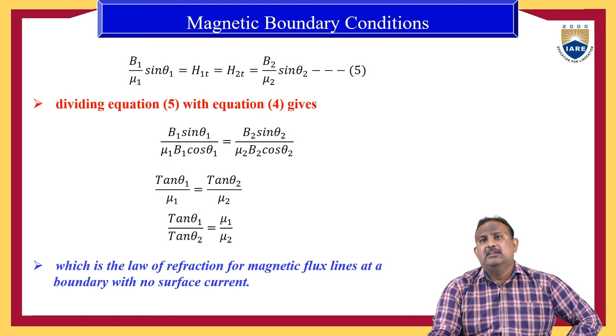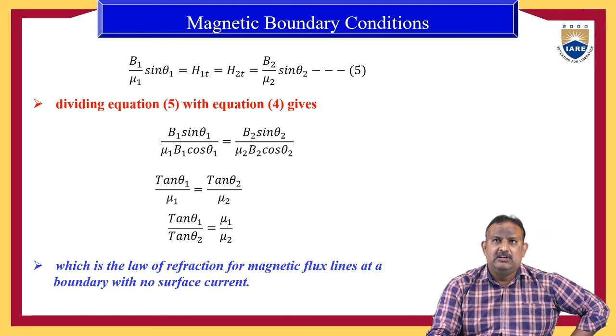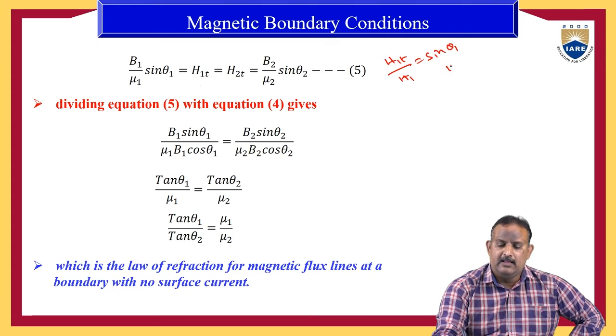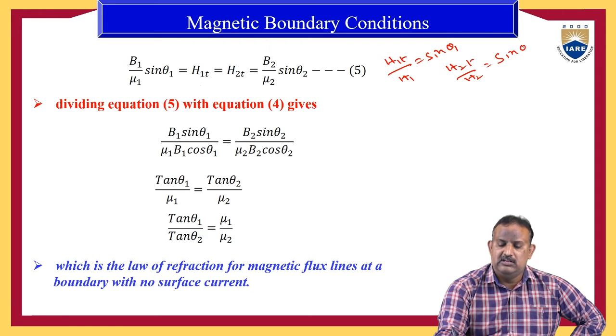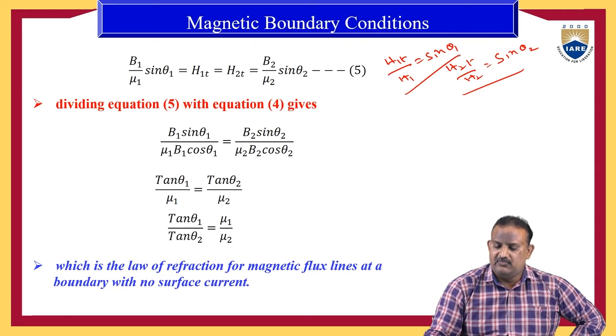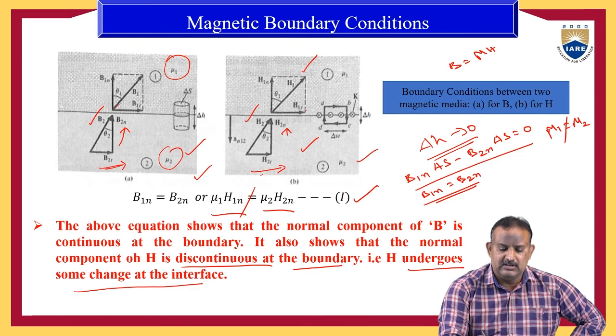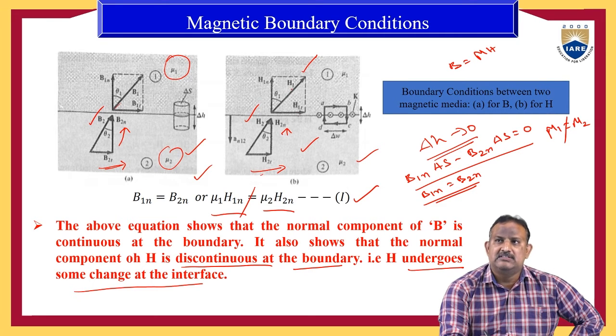Next I am finding H1t by H1, which is equal to sin theta 1 from the figure, and H2t by H2 is equal to sin theta 2. From the figure you can observe that H1t is opposite, and opposite by hypotenuse gives the sine of the angle.